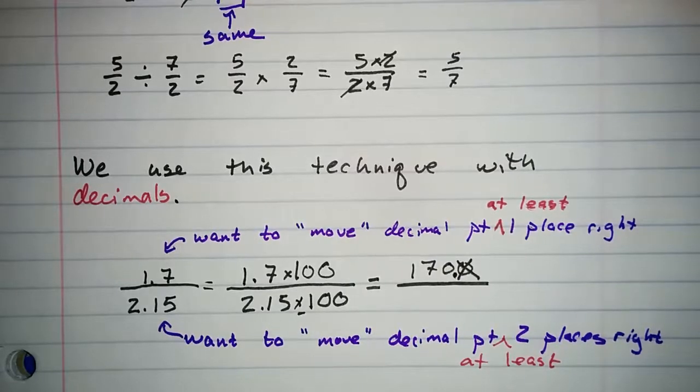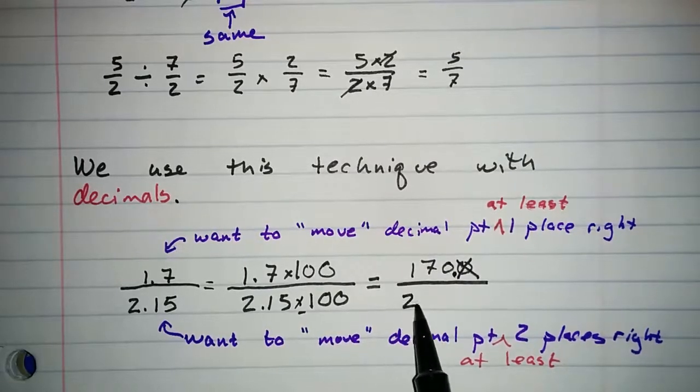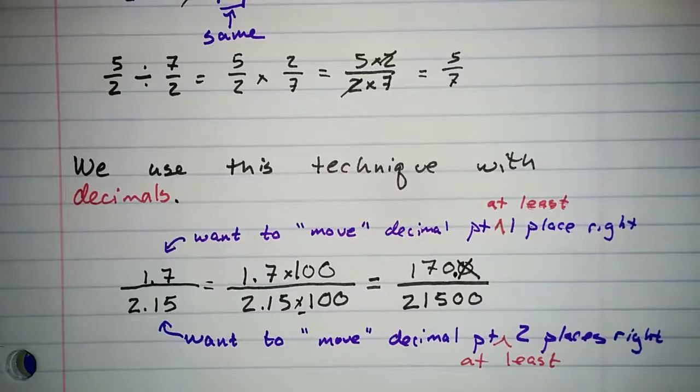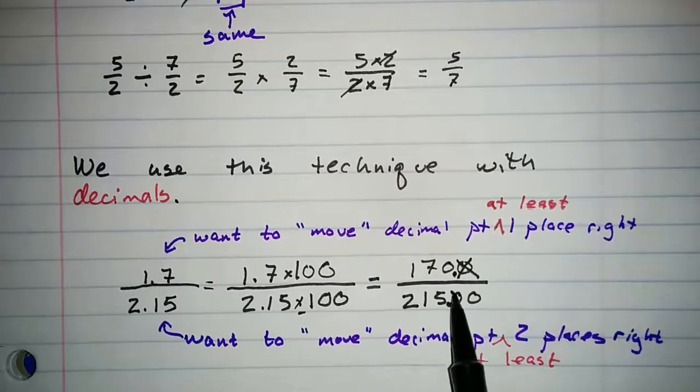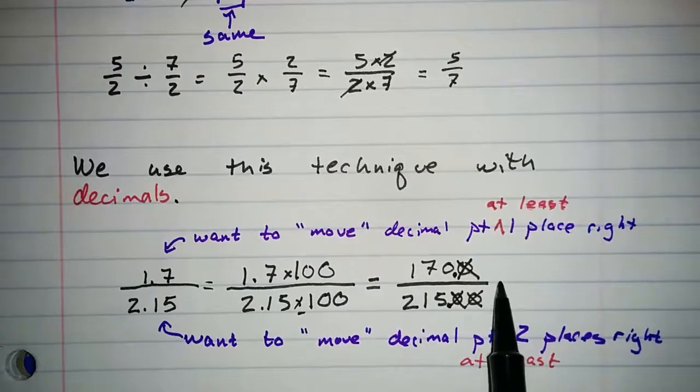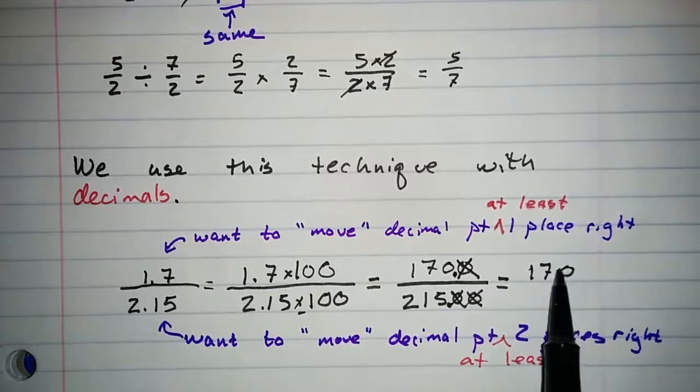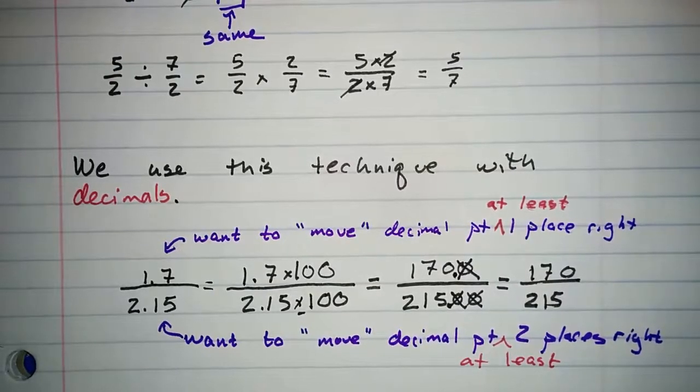Down here, ignore the decimal point and multiply. I've got 21500. I want 2 digits after the decimal point. Again, I only have zeros after the decimal point. I'm going to be able to ignore those. So I get 170 over 215.